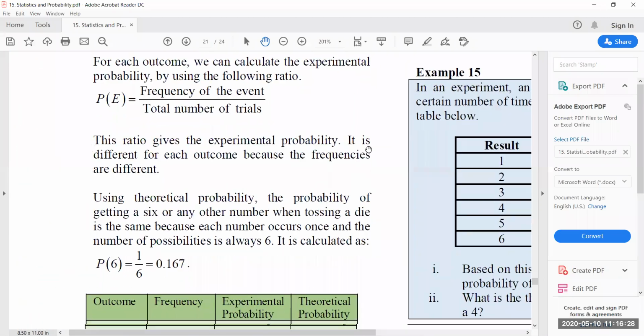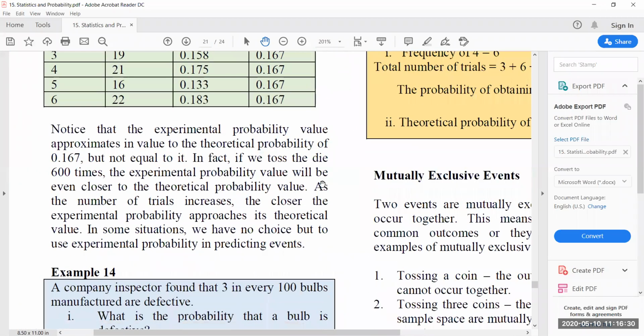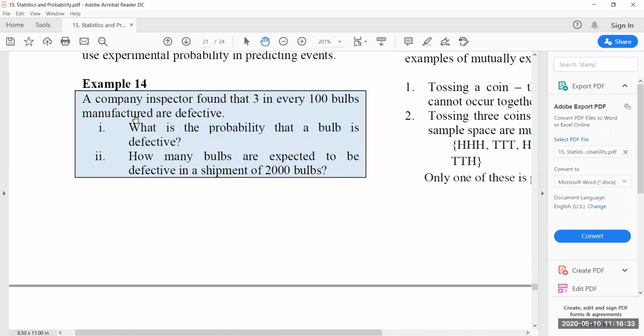Let's look at an example. A company inspector found that 3 in every 100 bulbs manufactured are defective. What is the probability that a bulb is defective?